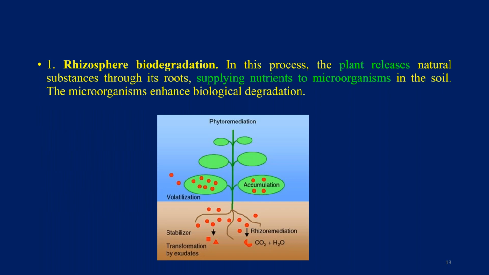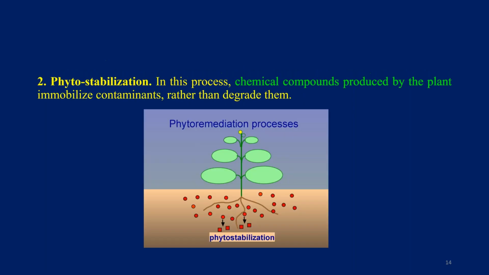Rhizosphere biodegradation. In this process, the plant releases natural substances through its roots, supplying nutrients to microorganisms in the soil. The microorganisms enhance biological degradation. Phytostabilization. In this process, chemical compounds produced by the plant immobilize contaminants rather than degrade them.